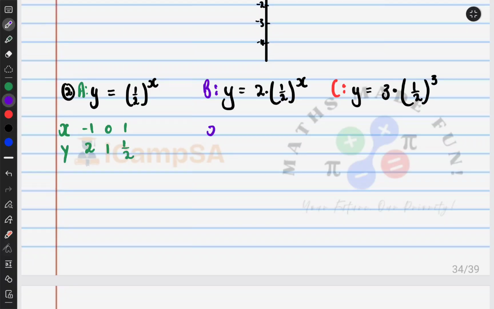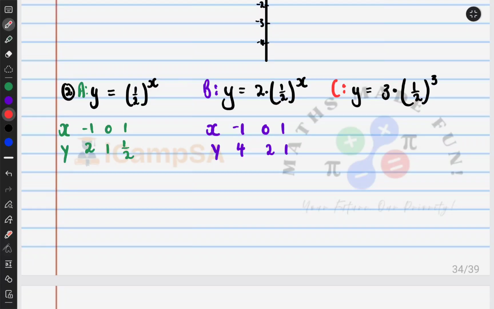And then for b, x values, let's go with -1, 0, and 1. Corresponding y values: 1/2 to the power of -1 is 2, so it's gonna be 4, 2, and 1. Yes.